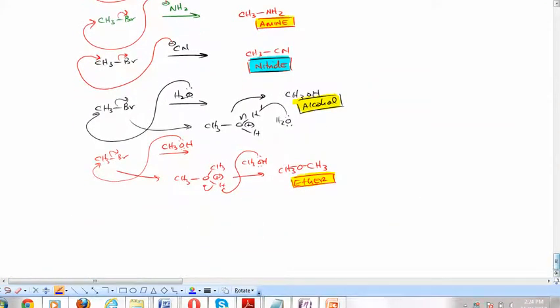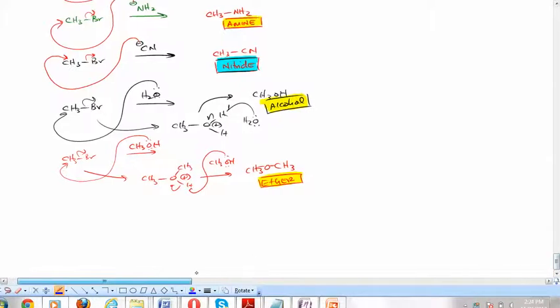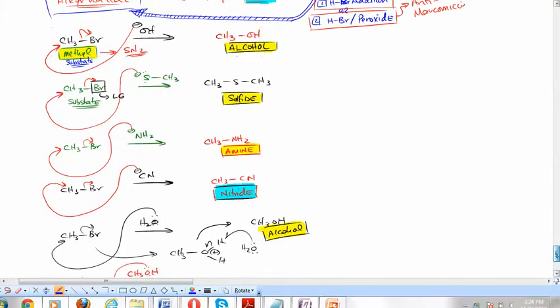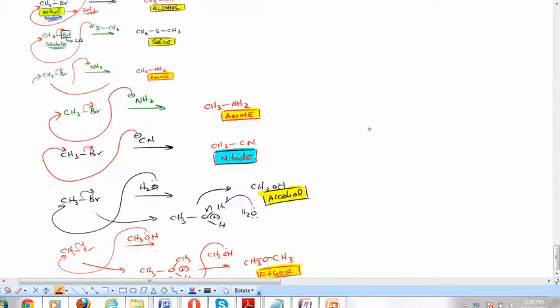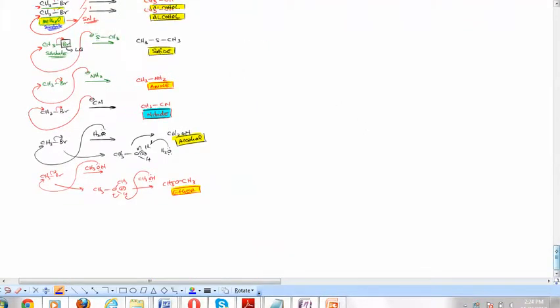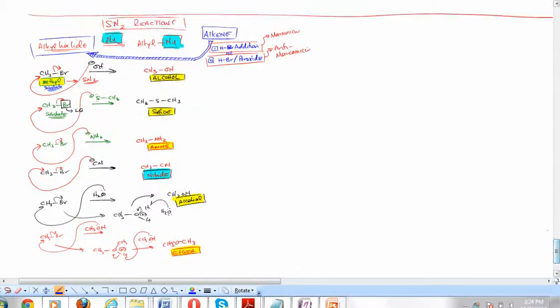Okay, so now we're gonna look at a different scenario. All of these SN2 reactions were occurring between two different molecules, so we say this is intermolecular.